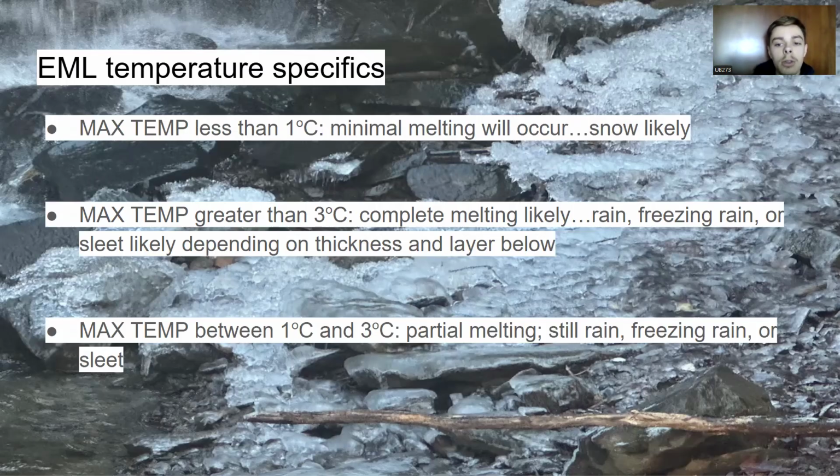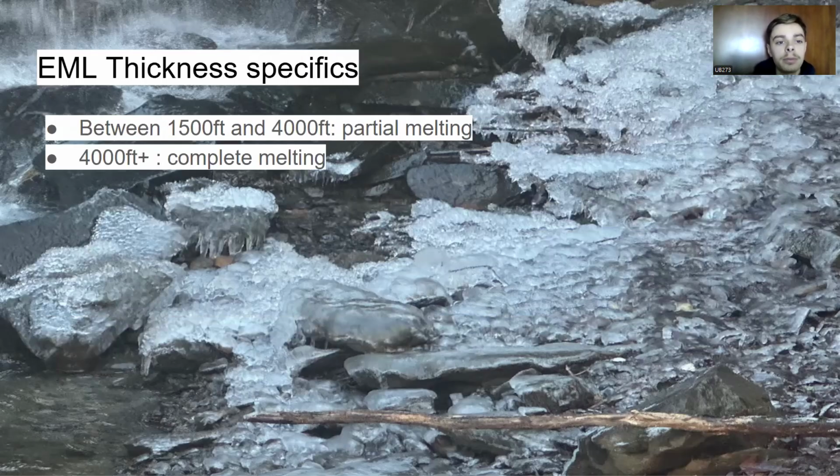So you'll have either rain, freezing rain, or sleet, depending on the thickness of the elevated melting layer and the layer below. We talked about that in the last video some. And if it's between 1 and 3, partial melting will occur, but still we don't know if it's going to be rain, freezing rain, or sleet. That depends on the other characteristics.